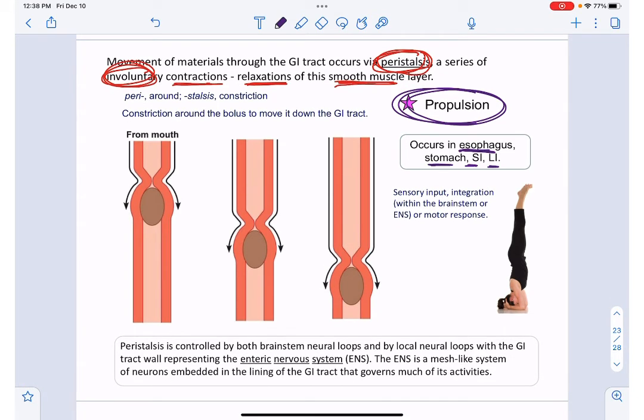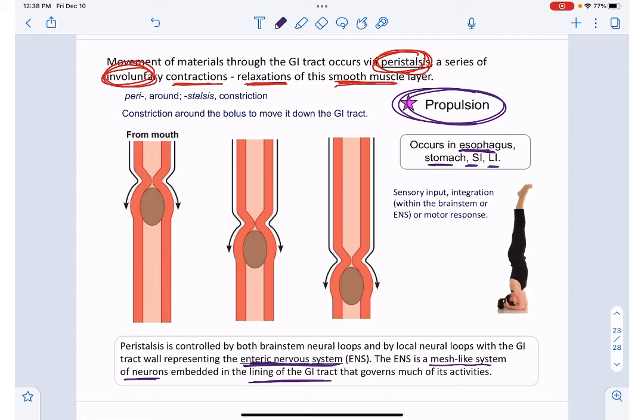What's interesting about peristalsis is that it's going to involve a component of the nervous system called the enteric nervous system. Enteric refers to the gut. It's referring to the alimentary canal. The enteric nervous system is a mesh-like system of neurons that's embedded in the lining of the gastrointestinal tract.